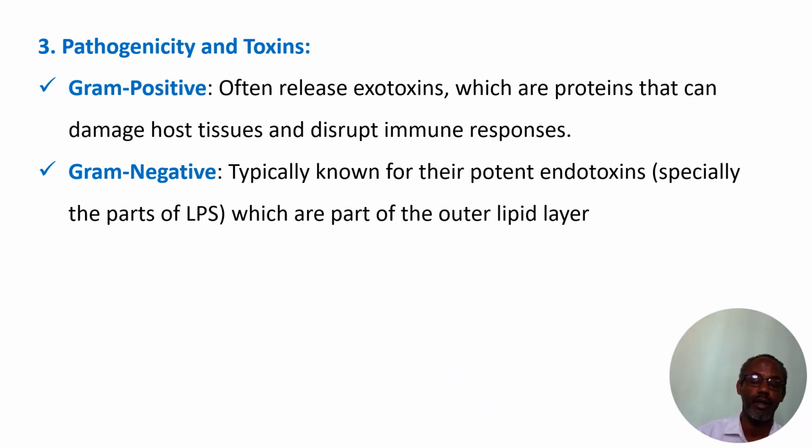When the bacterium dies and disintegrates, the outer membrane is broken and lipopolysaccharides are released. They stimulate an inflammatory reaction in the body. Since they are an integral part of this outer membrane, they are considered endotoxins. Therefore, gram-positive bacteria are well known for exotoxins, whereas gram-negative bacteria are known for endotoxins.